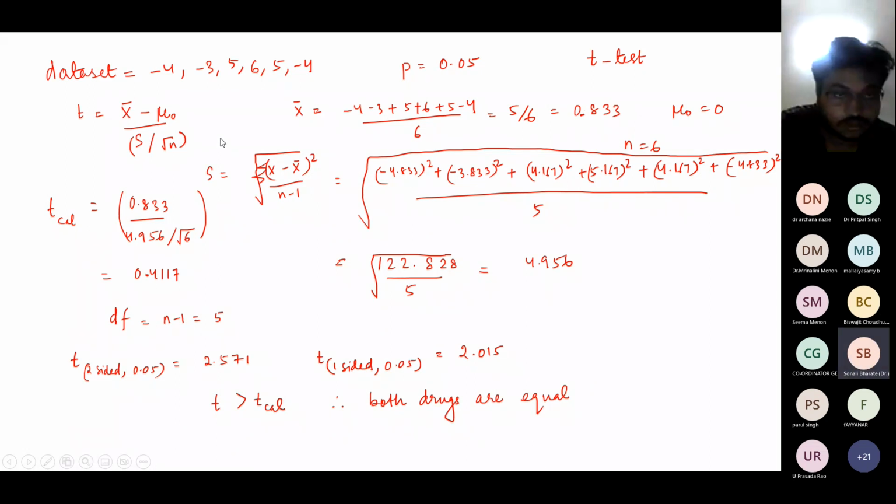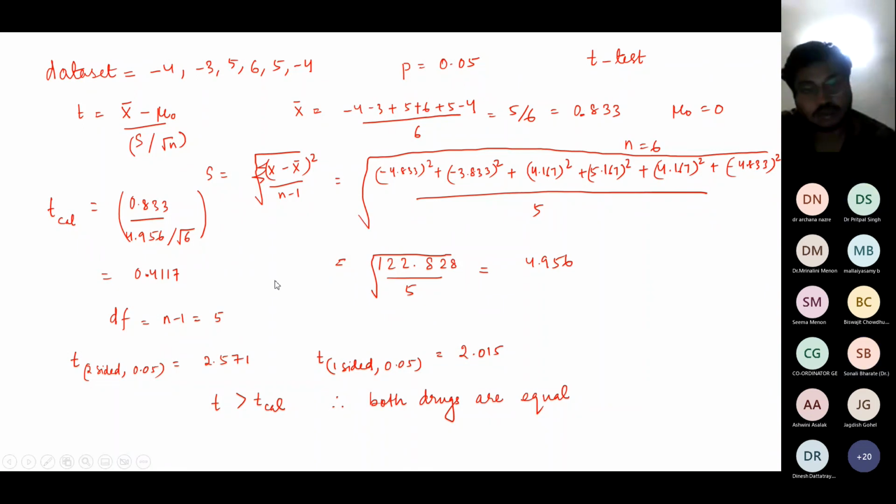Sorry? In case the t calculated is greater than the t from the table, what should we do? Then we will reject the null hypothesis. If the t calculated is greater than the two-sided t value, then we'll say that there is a difference in the action of both of the drugs.